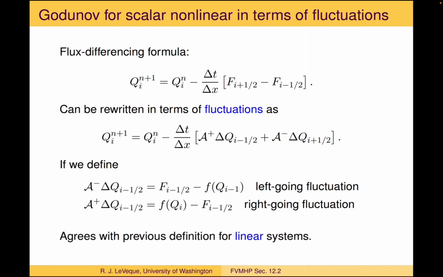And in the case of a linear system, you can show that this definition of A minus delta Q and A plus delta Q, based on fluxes that come out of solving the Riemann problem and looking at the solution along the interfaces, agrees exactly with the wave propagation form on the previous slide of computing these fluctuations as sums of wave speeds times waves over the waves going in each direction.